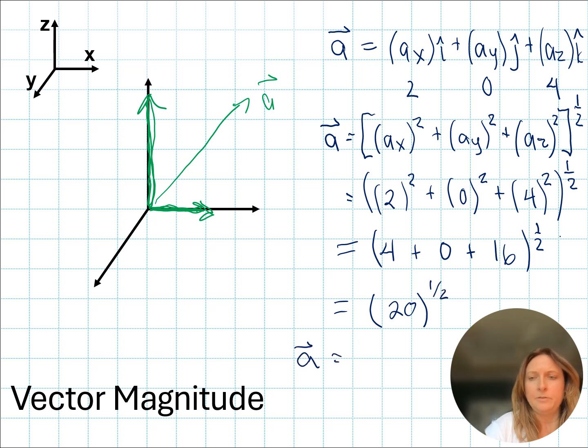And so I've got a magnitude of acceleration that is 2 times the square root of 5 when I add as vectors.